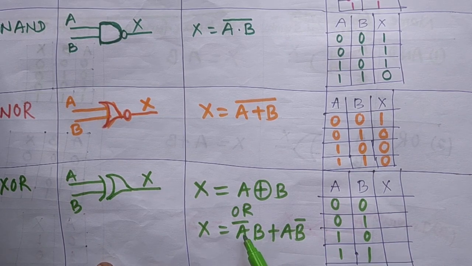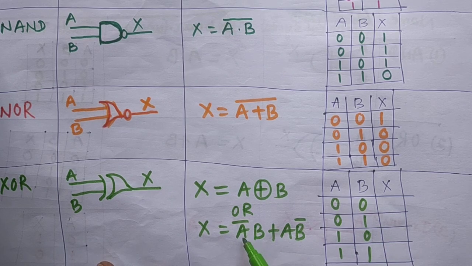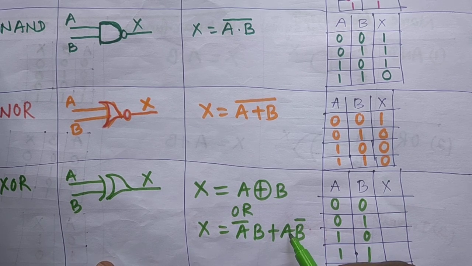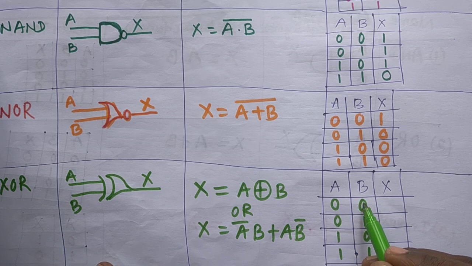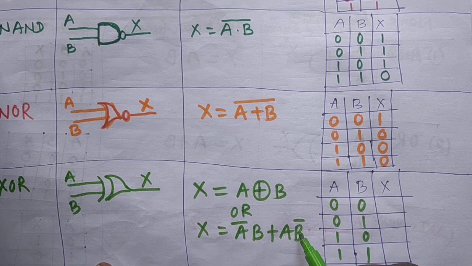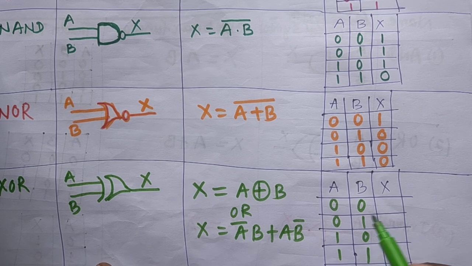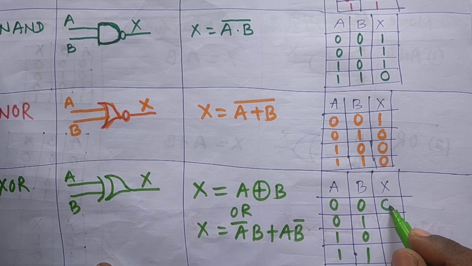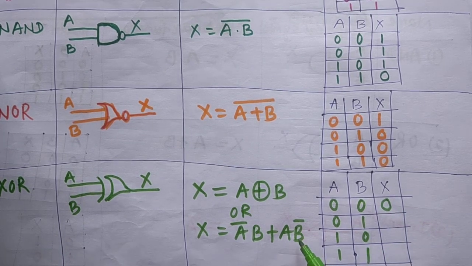First, A is 0, so A complement is 1, and B is 0, so 1 into 0 is 0. Similarly, A is 0 and B complement is 1, so 0 into 1 is 0. So 0 plus 0 is 0.